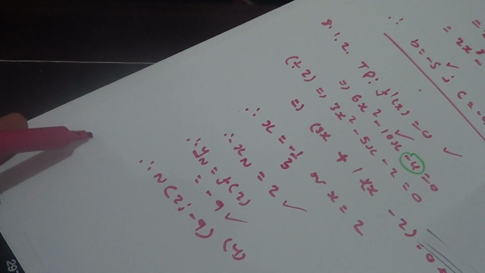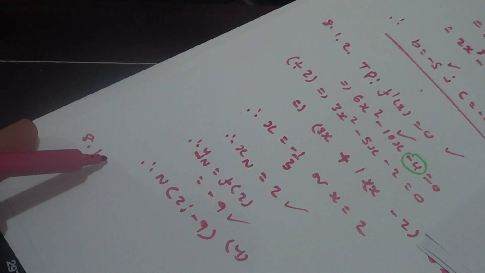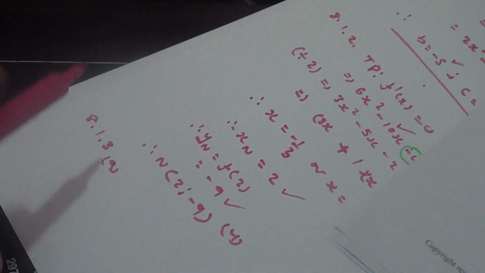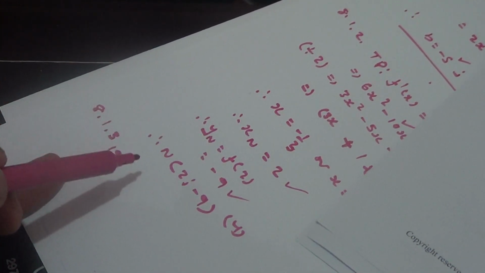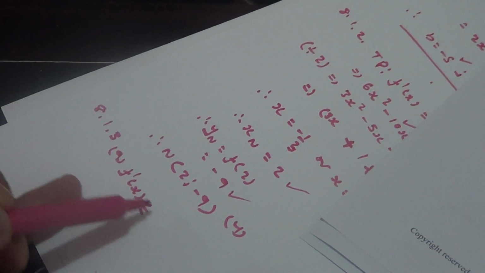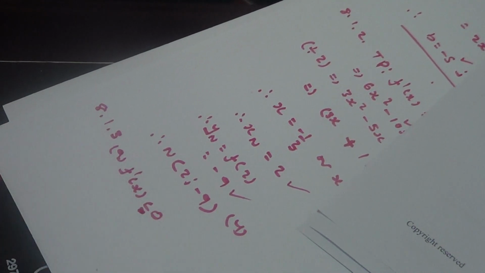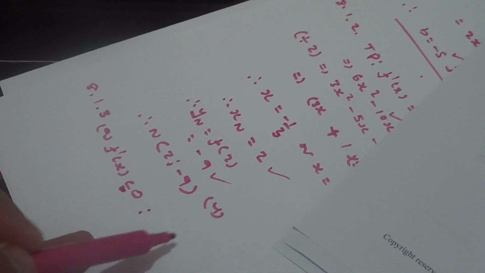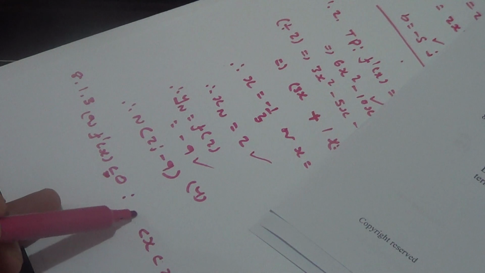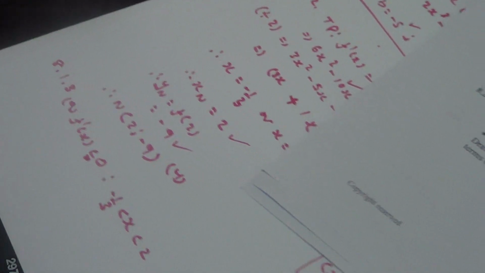So we have now 8.1.3a. So we know that f prime of x will be less, what am I doing? Will be less than 0 when x is less than 2, greater than minus a third, okay?